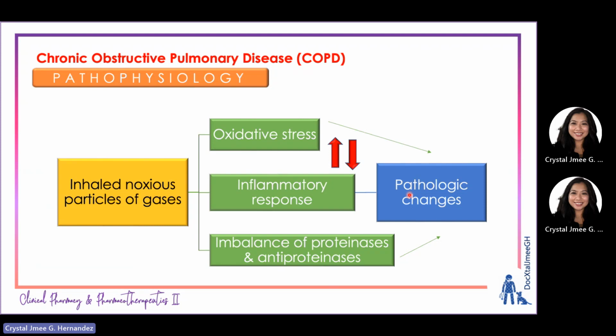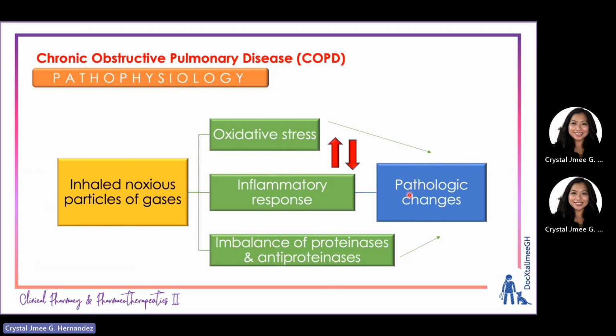The pathologic changes are normally described as physiologic abnormalities. When we say physiologic abnormalities, the presentation of these changes usually occurs in order. So what are those abnormalities? First, we have mucus hypersecretion. Second, ciliary dysfunction.